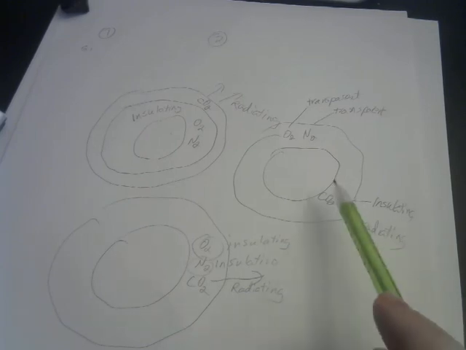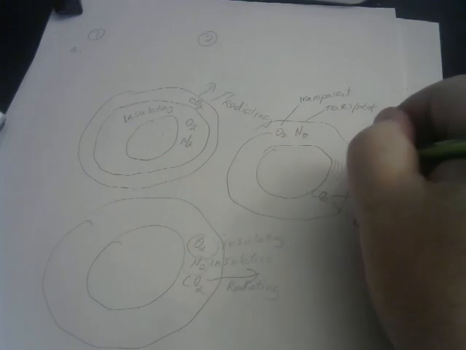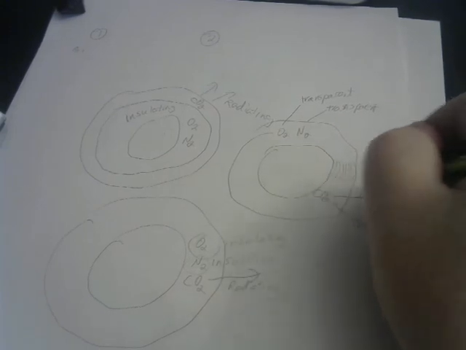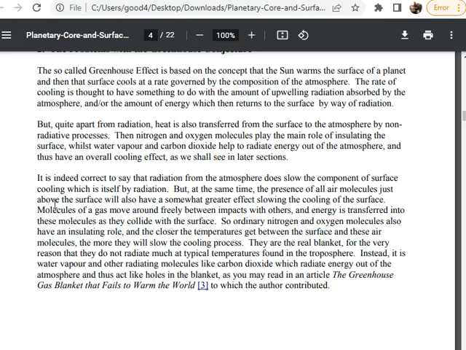They insulate all the way up to the outermost layer, and then they radiate at the top. That is the way I would view it. So let's read this and see if I've got the right idea of what his view is.